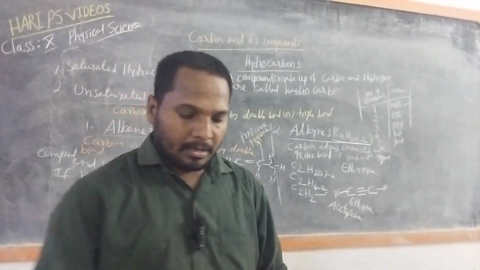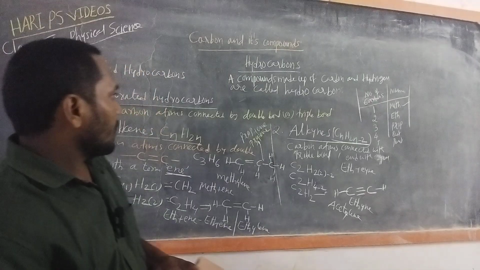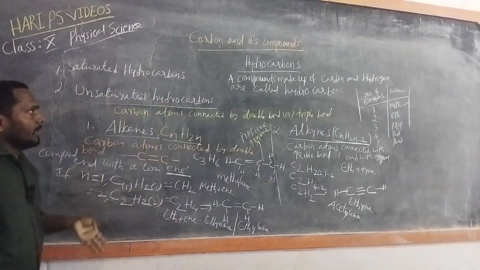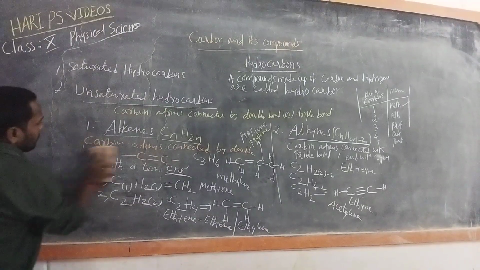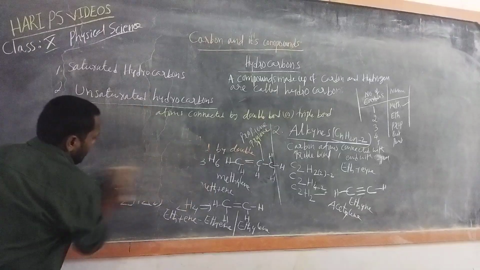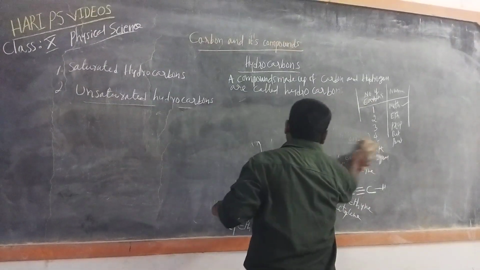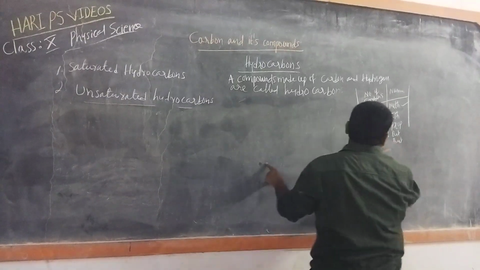So let us write some structures of compounds for saturated and unsaturated hydrocarbons, Lewis dot structures or electron dot structures. I will take the main 3 examples of how they are connected.